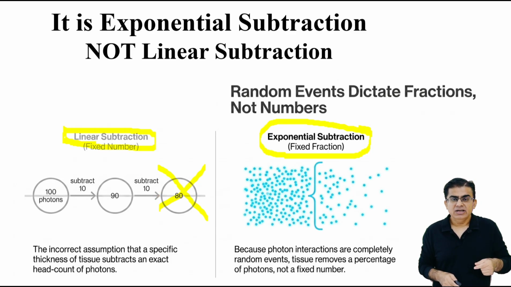It will remove exactly 10% of the remaining 90 photons. 10% of the remaining 90 photons is only 9 photons. So 90 minus 9 leaves you with 81 photons. You are always taking a strict percentage out of a smaller and smaller remainder. Understanding this fundamental difference is the absolute key to mastering your daily dose calculations.